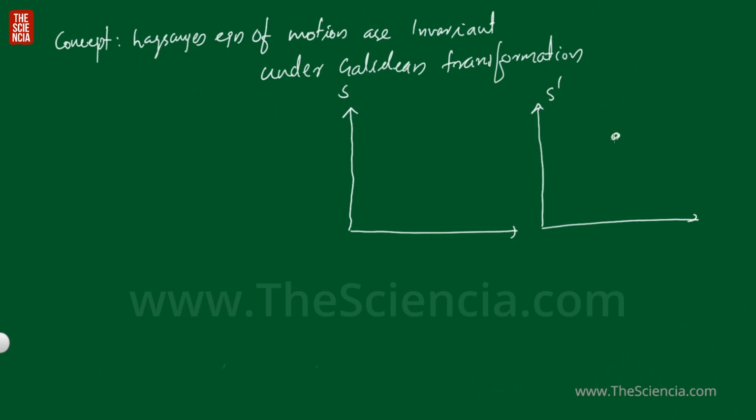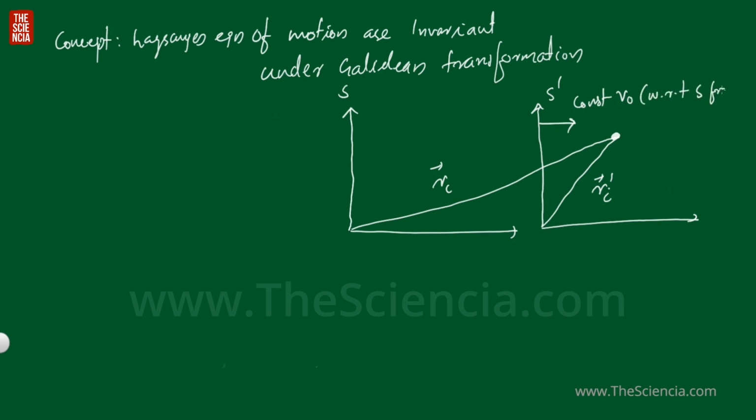There is a particle, and I can represent this particle with respect to my S frame as Ri vector, and from S dash frame as Ri prime vector, and this S dash frame is moving with a constant velocity v0 with respect to S frame.